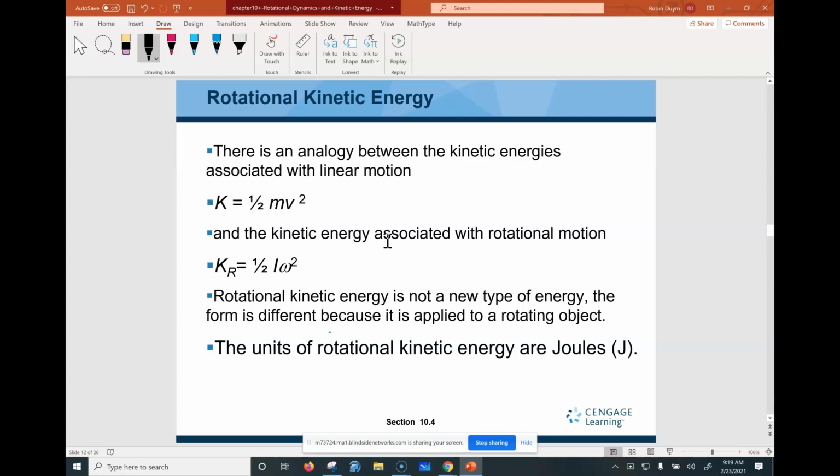So it looks like 1/2 I omega squared, and we measure that in joules. It's not a new type of energy. It's just that until this point, we haven't looked at things that were rotating and moving. We've only looked at things that were moving linearly.